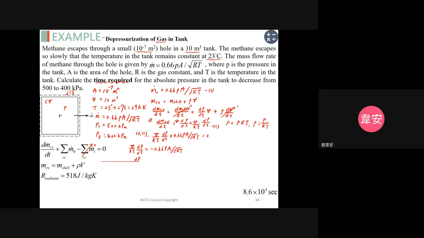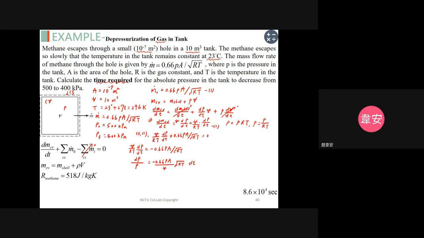So we have dP/P, and on the right hand side we have minus 0.66 times area divided by the volume, multiplied by RT divided by the root of RT, so it is equal to minus the root of RT dt.